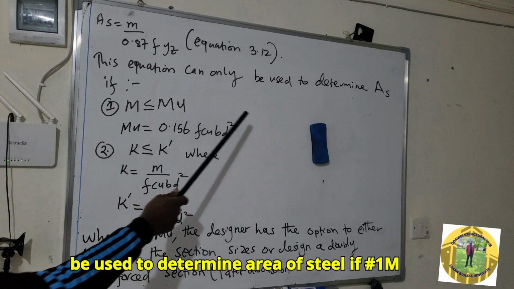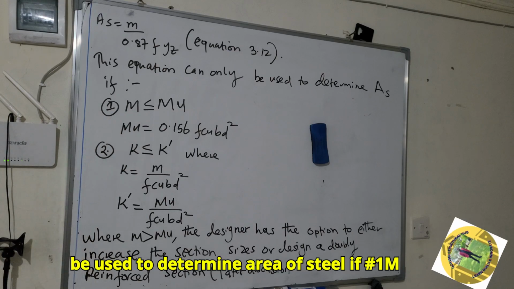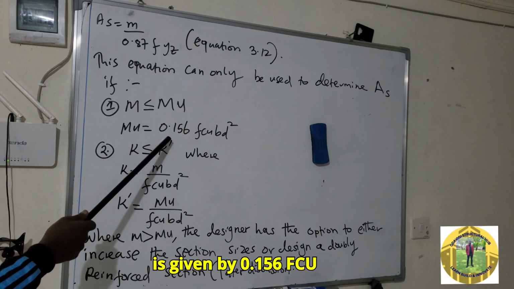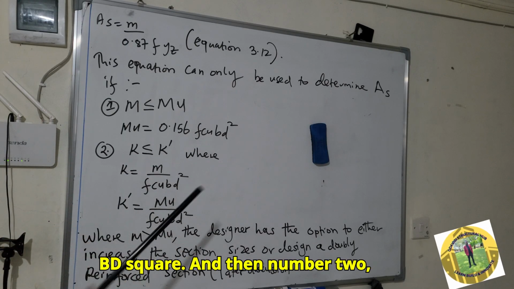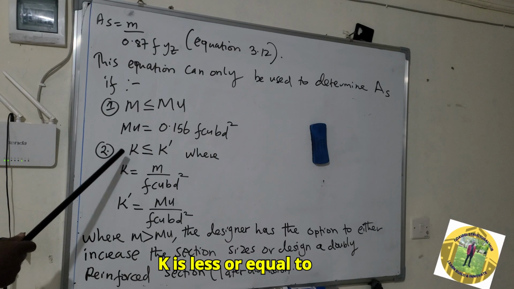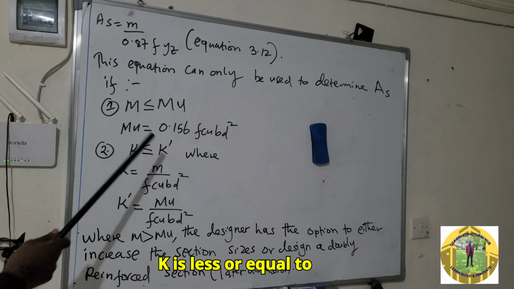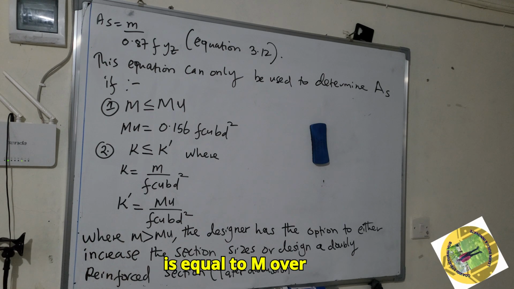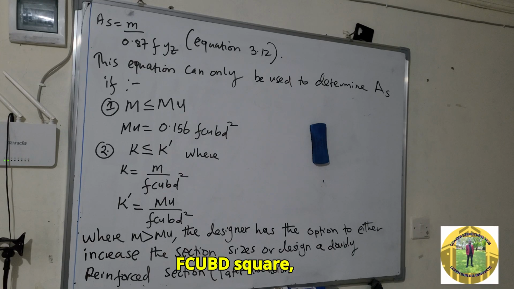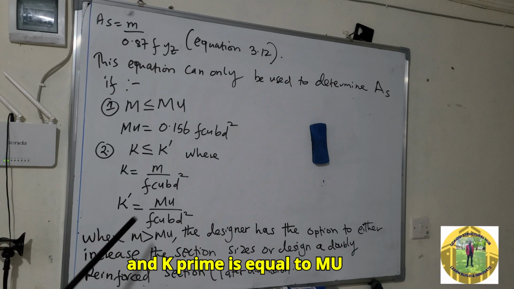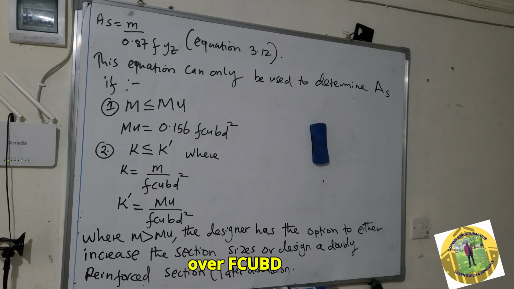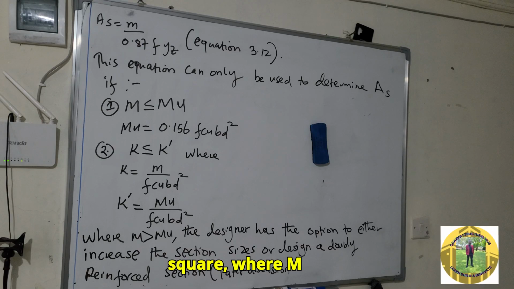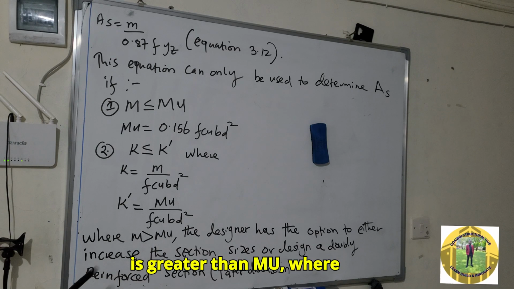It can only be used to determine the area of steel if, number one, M is less than Mu, where Mu is given by 0.156 fcu b d², and number two, K is less than or equal to K prime, where K = M/(fcu b d²) and K prime = Mu/(fcu b d²).